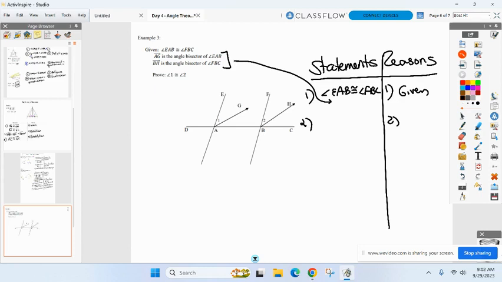Here, they're separate from each other. Remember, before you use this, you need to tell me what you're taking half of. So you need those half statements in there.